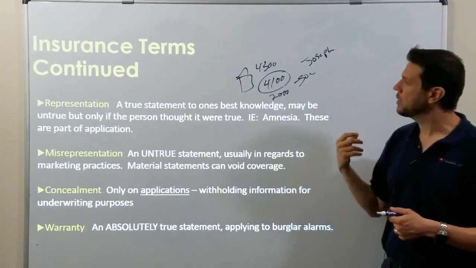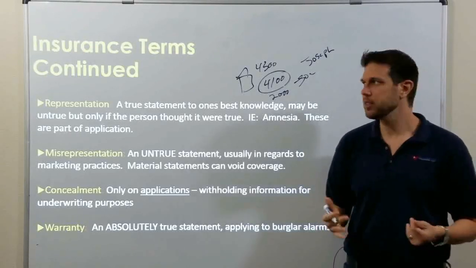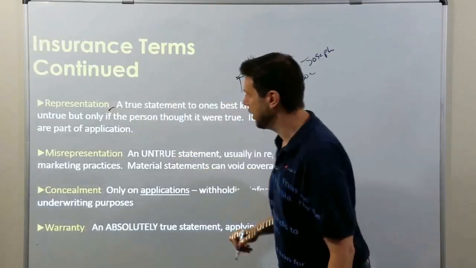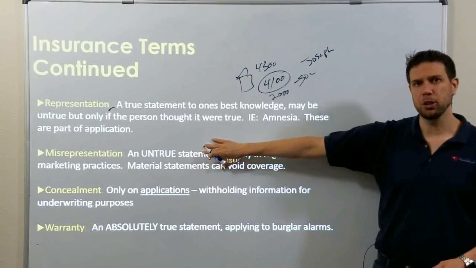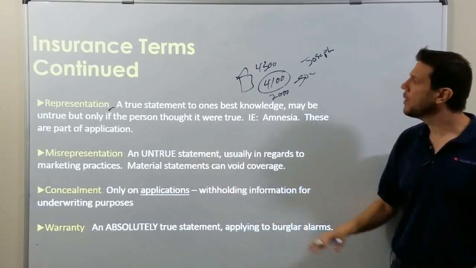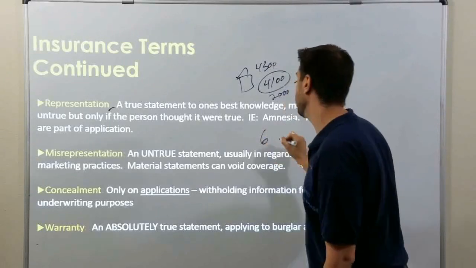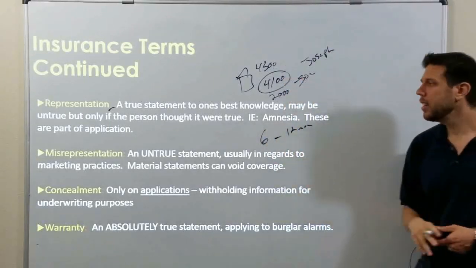So let's say you ask an insured, have you had any accidents in the past 3 years? And they say no. We treat that as a representation. But then we pull their motor vehicle record and their CLUE report showing their accident, and we find out that they've had 6 at-fault accidents in the past 12 months. That's a lot of accidents.